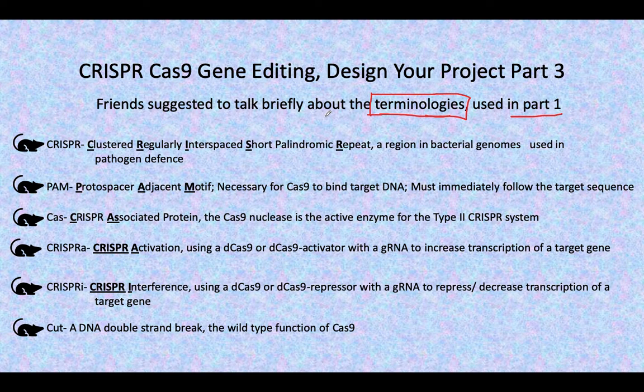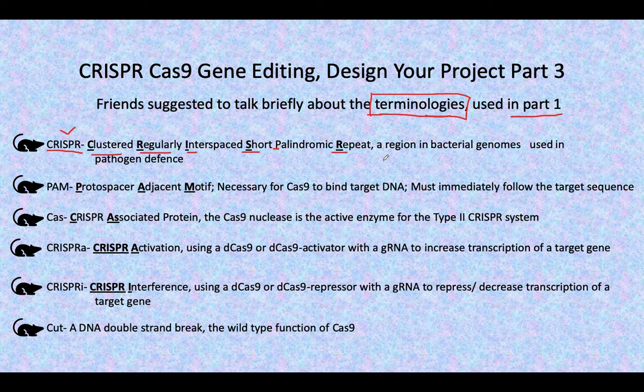The very first and important one: we need to know what CRISPR is. CRISPR is the abbreviation of clustered regularly interspaced short palindromic repeats.